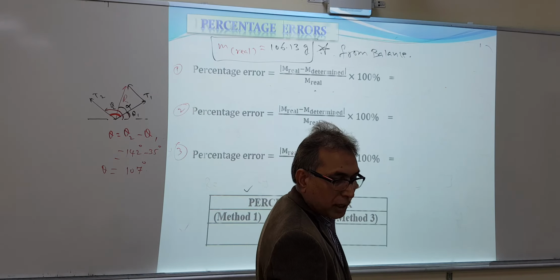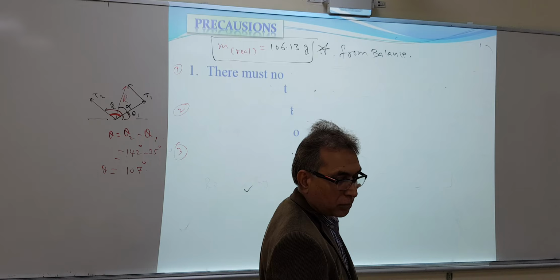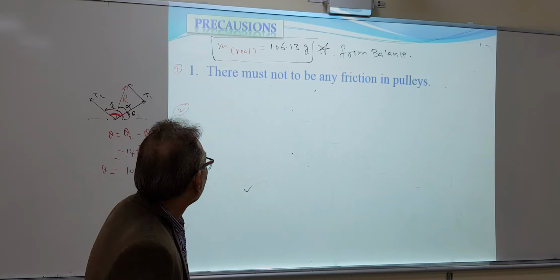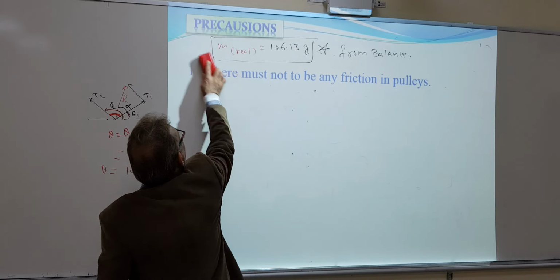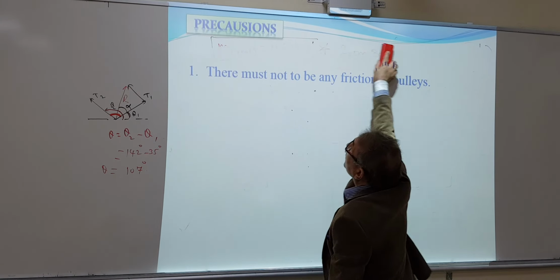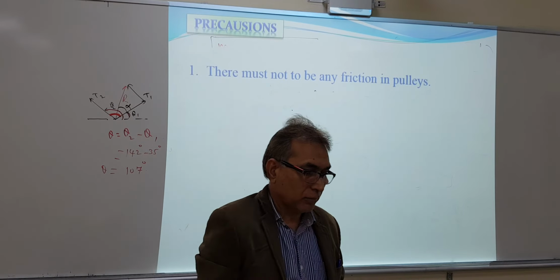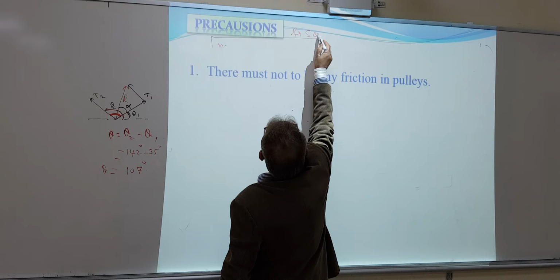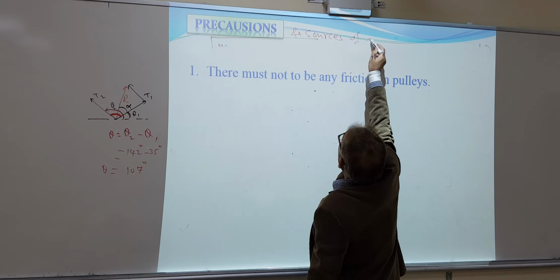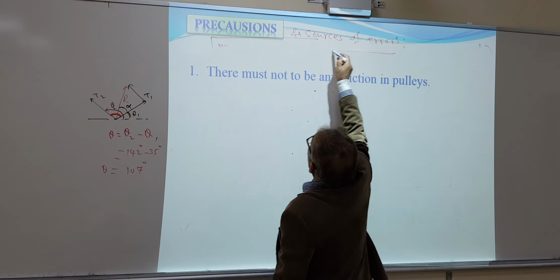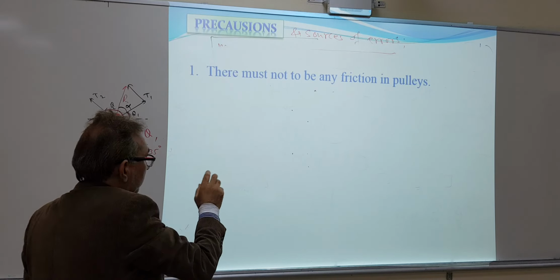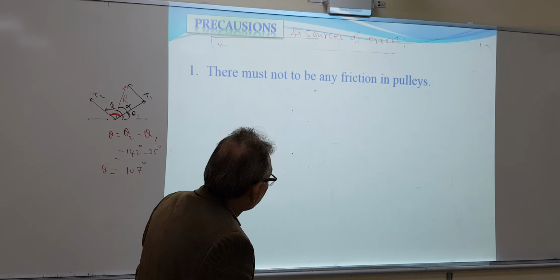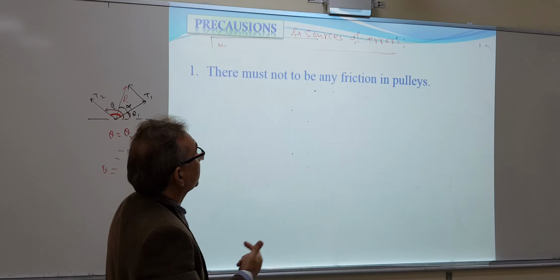Now, you have to write at the end precautions and sources of error. What is a source of error? When you have a different value from the real one, it means you have made some mistake in the experiment, or maybe there is a problem with your tools or equipment, a systematic error.